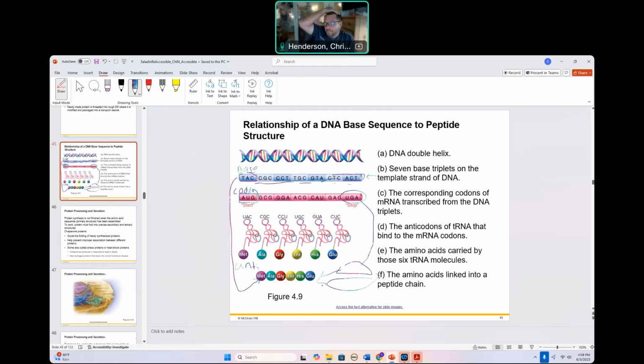What is an anticodon? We have this structure called tRNA. tRNA is essentially, it holds on to the amino acids in the cytosol. So it's basically like holding a raffle card right here.